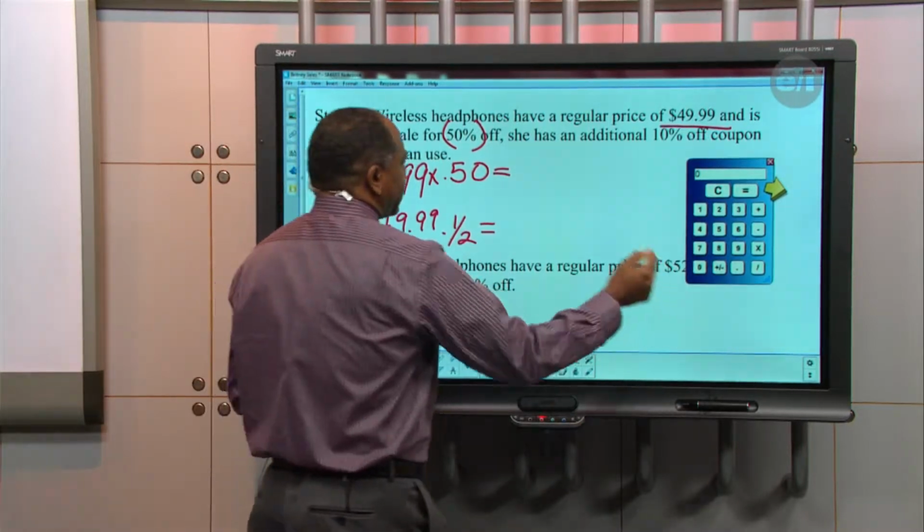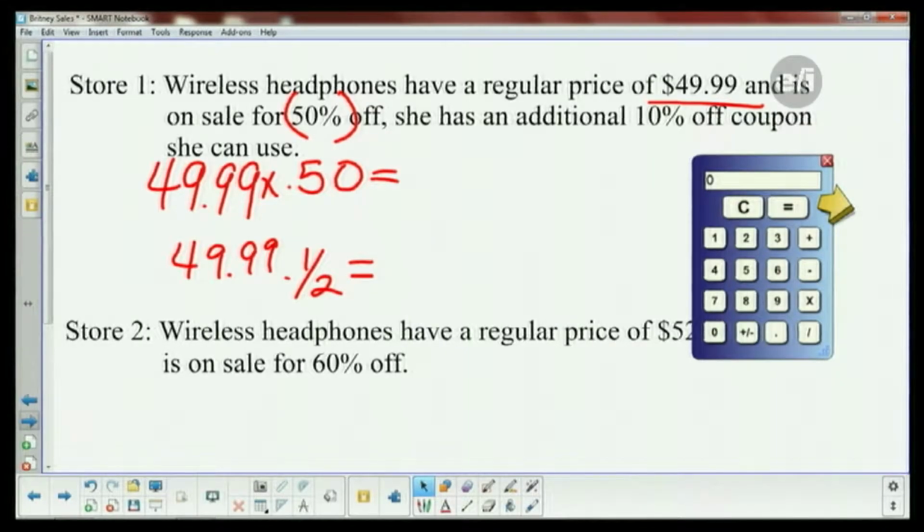But here's one of the things you're going to notice in the store. If you take $49.99 and multiply that by 50%, I'm going to get $24.995.